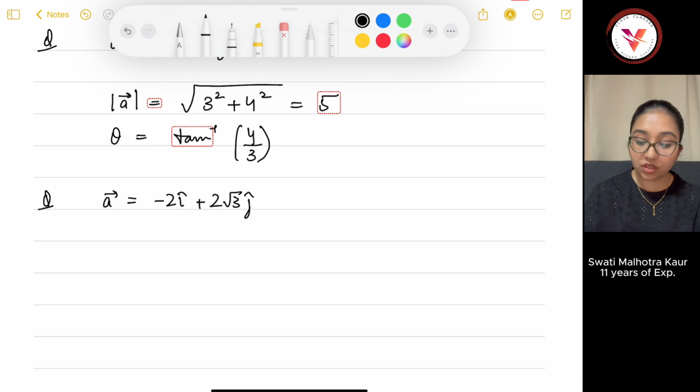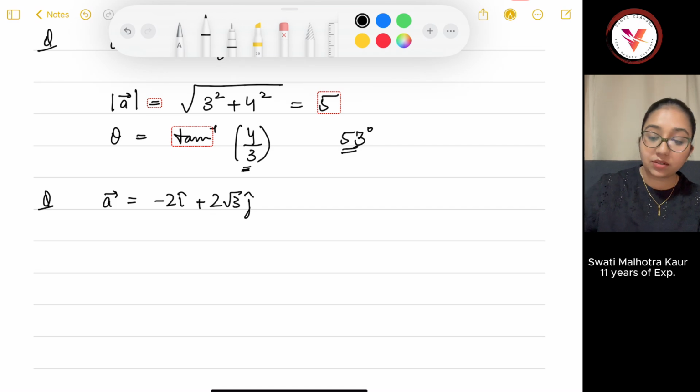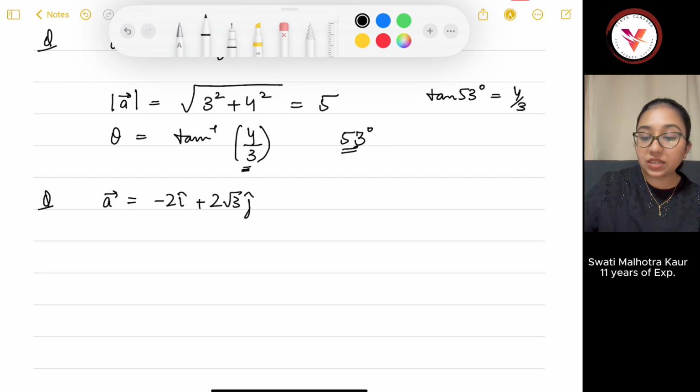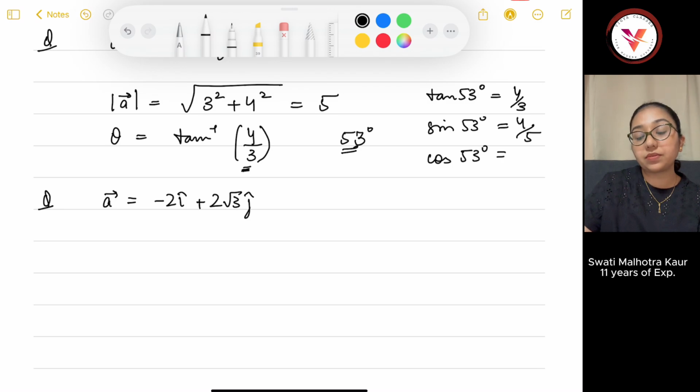And you should remember that this 4 by 3 is actually 53 degree. You must remember that. Tan 53 degree is 4 by 3. Sine 53 degree is 4 by 5. They are standard and they often come in competitive exams. And cos 53 degree is 3 by 5.